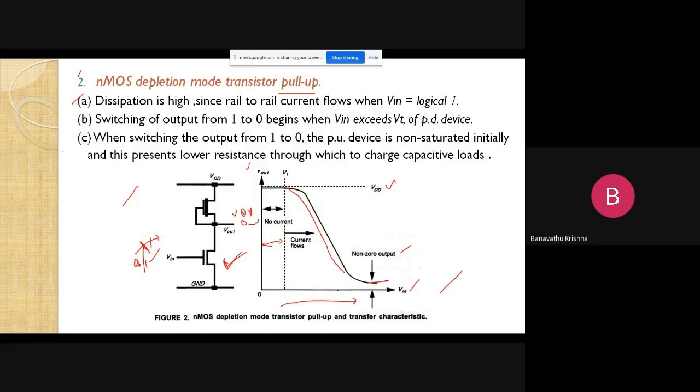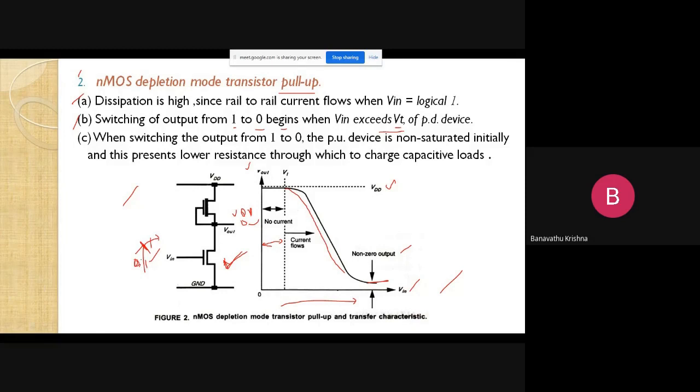Next case, that is B, switching of output from 1 to 0 begins when the input exceeds the threshold voltage. Here the switching of output from 1 to 0 begins when V input exceeds that level, which is nothing but the threshold voltage.